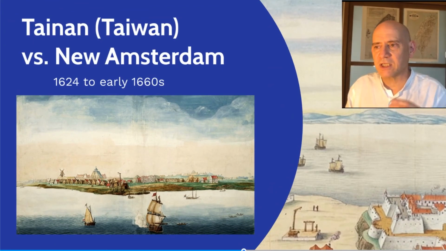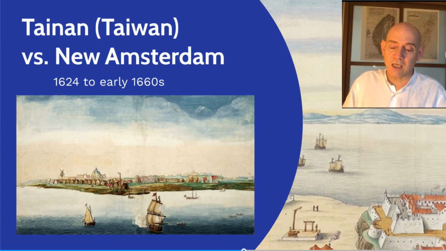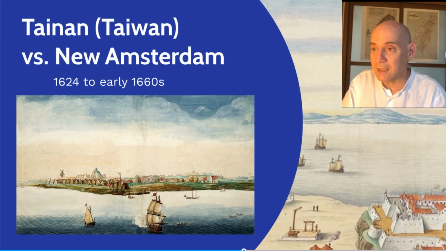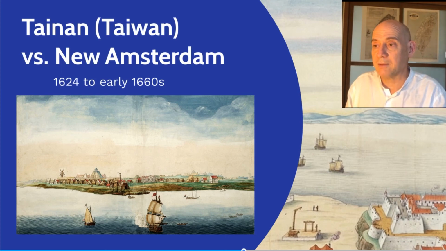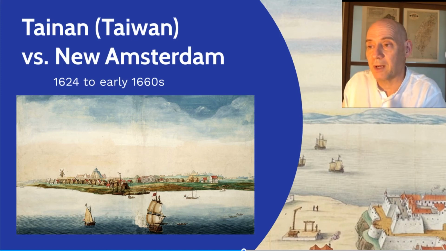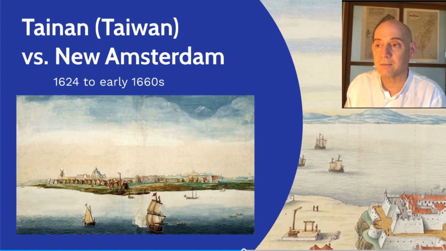Tainan is settled by the Dutch in 1624. New Amsterdam, the old name for New York City, was settled by the Dutch in 1624, the exact same year. The Dutch came to New Amsterdam to trade, just like they came to Tainan to trade. In New York they were mainly trading for beaver pelts with the Native Americans.